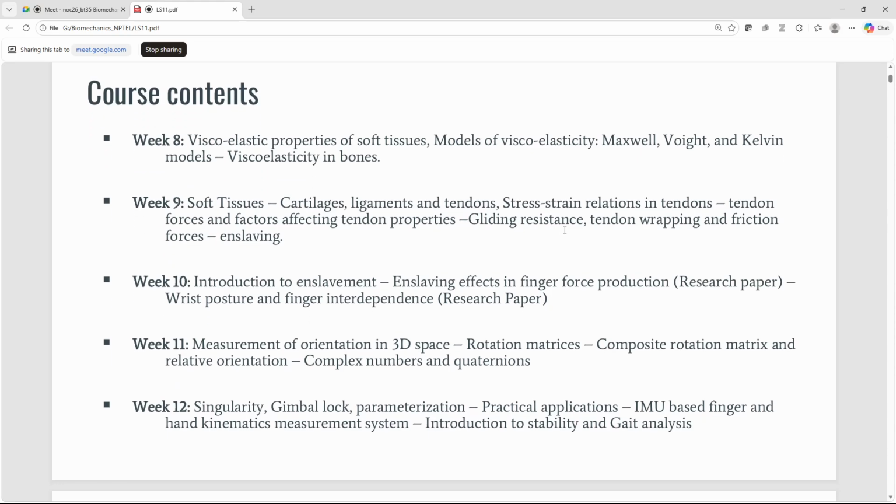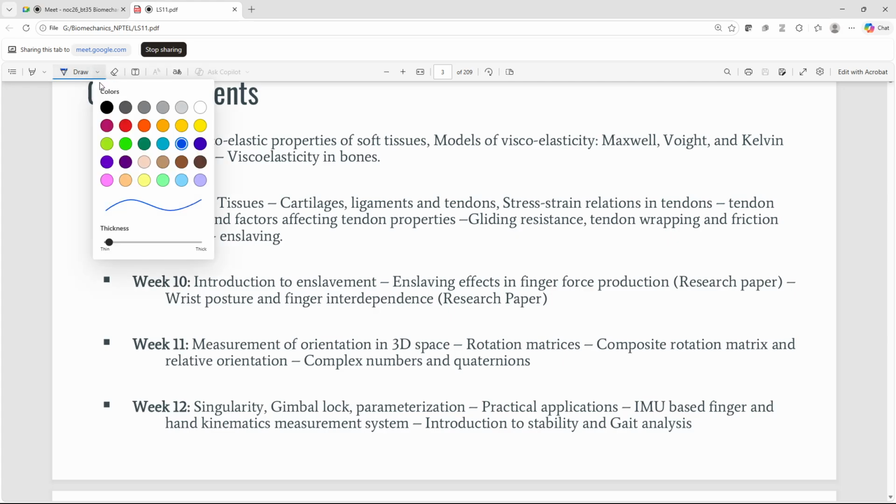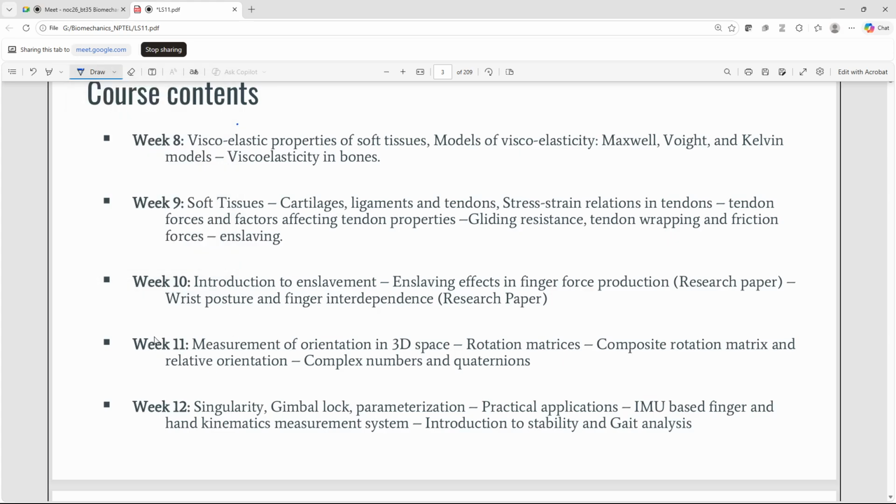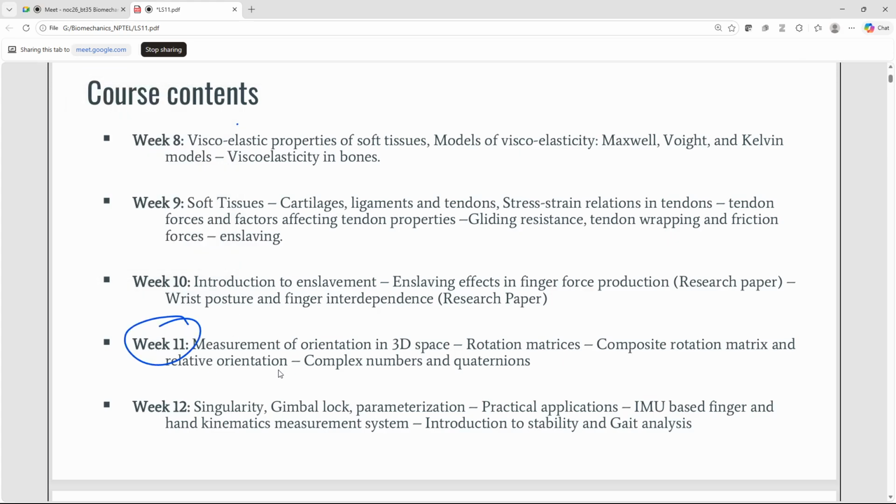In week 11, mostly the measurement of orientation in 3D space was discussed.